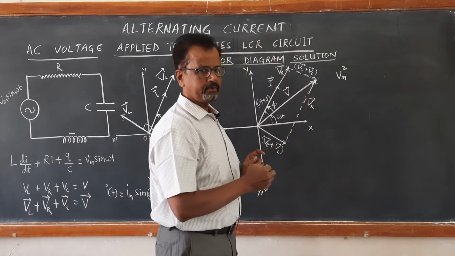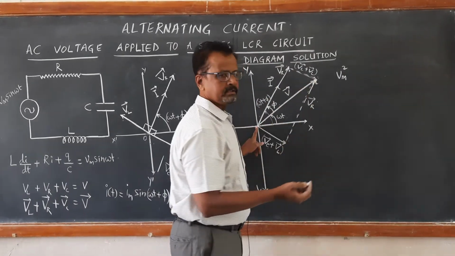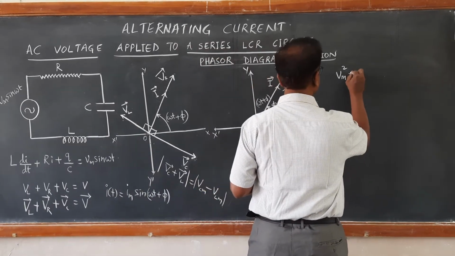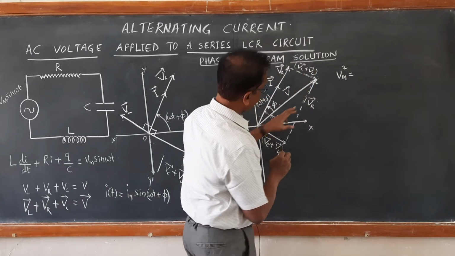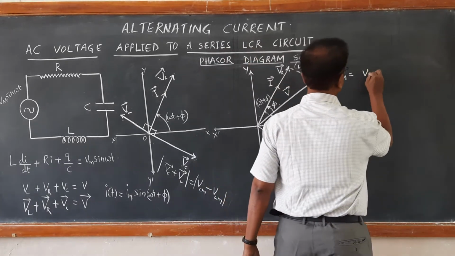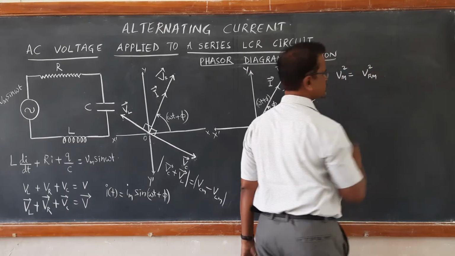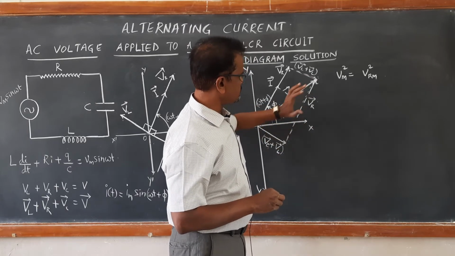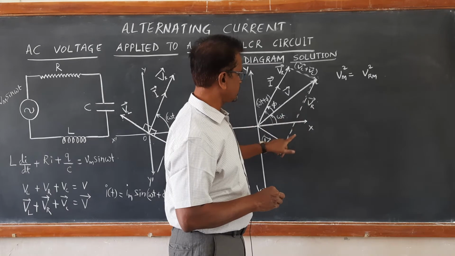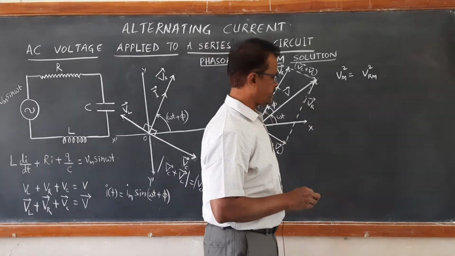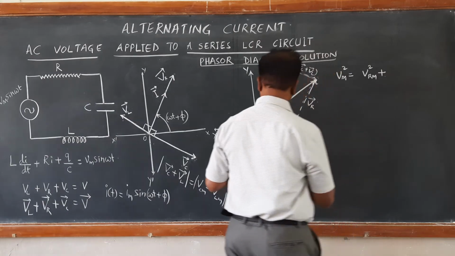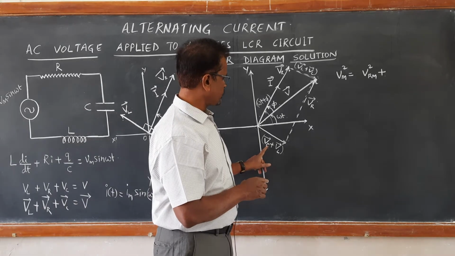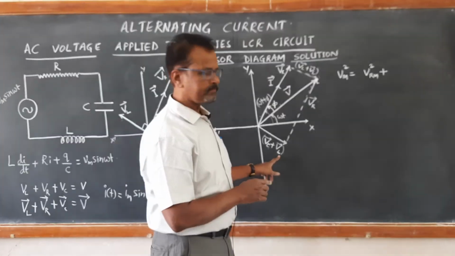So the square of the length of the hypotenuse is nothing but the maximum voltage Vm square, which is equal to VR square, that is Vrm square, the square of the length of this vector, plus the square of the length of this resultant vector of VC and VL, which is nothing but Vcm minus VLm square.